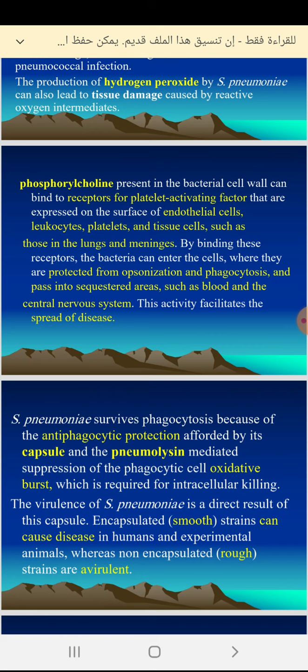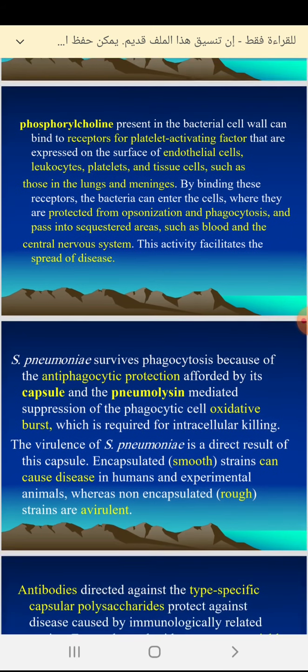These receptors are found or expressed on the surface of endothelial cells, leukocytes, platelets and tissue cells, such as cells in the lungs and lung tissue or in the meninges. By binding these receptors, the bacteria can enter the cells, where they are protected from opsonization and phagocytosis.